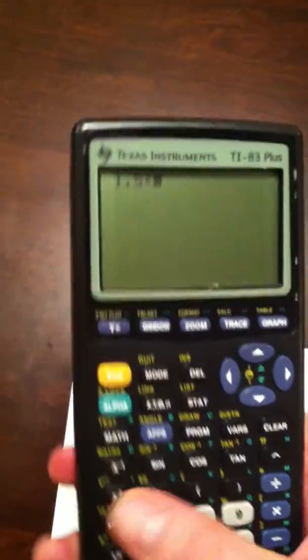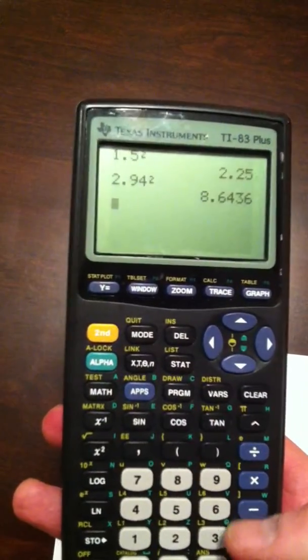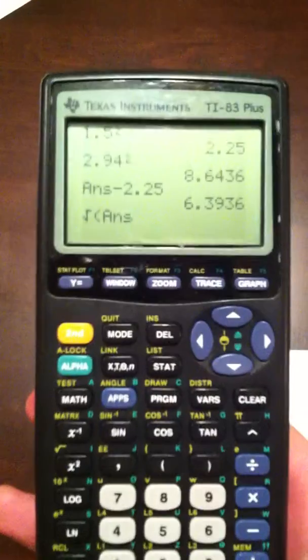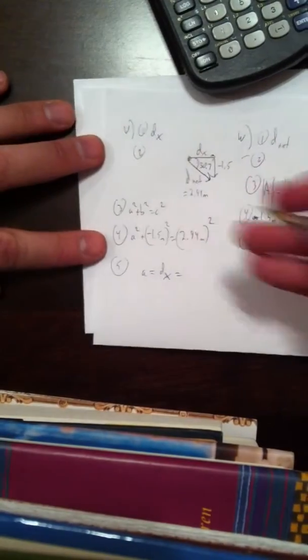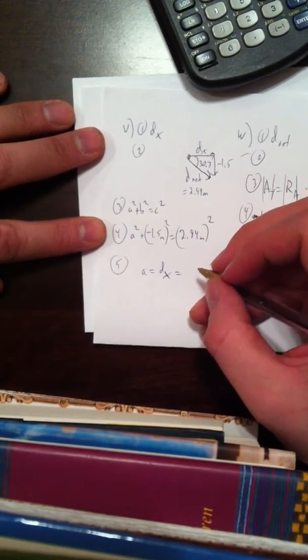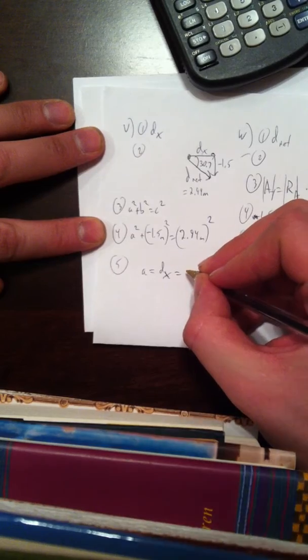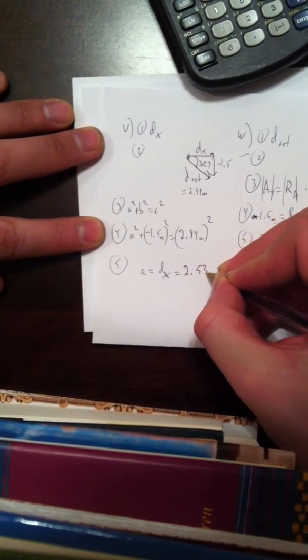We have 1.5 squared, and 2.94 squared. Subtract that 2.25 and get the square root. That gives an answer of 2.53. So that'd be the horizontal distance. Horizontal displacement is actually 2.53 meters.